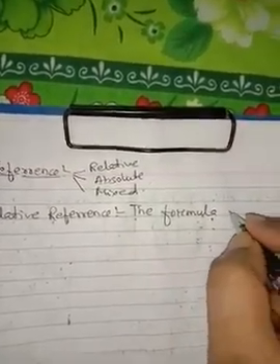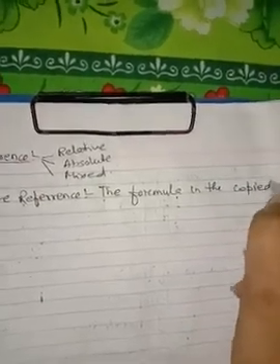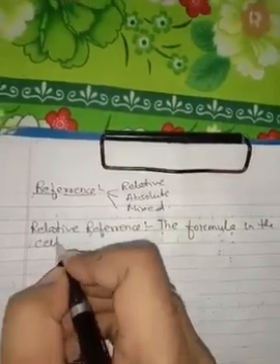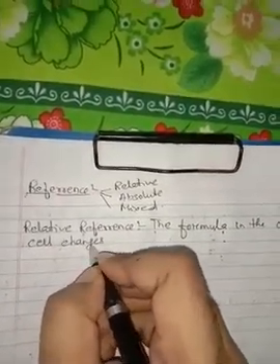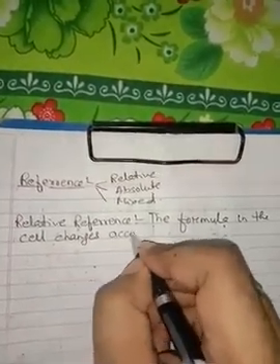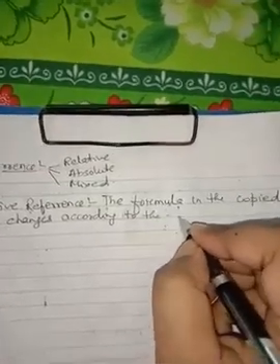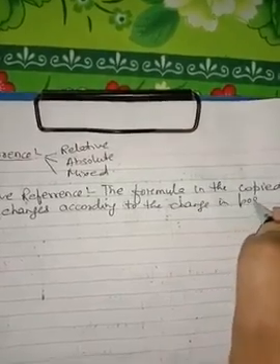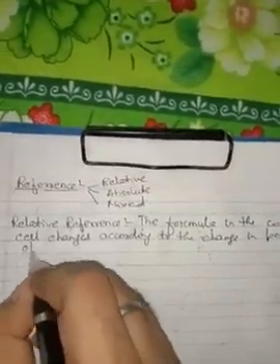So here we can say the formula in the copied cell changes according to the change in position of the cell pointer.